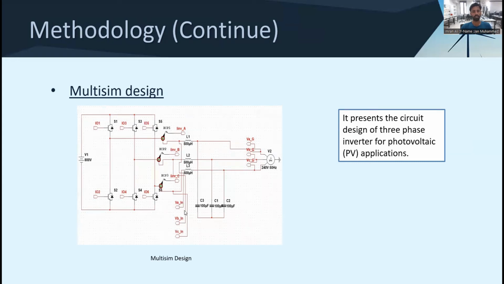And similarly, VA, VB are the output voltages of all three phases. This three-phase supply has been taken from grid. We have taken this supply from grid for the synchronization purpose with the inverter. And this is the filter in order to filter out the output voltage waveforms from the inverter.